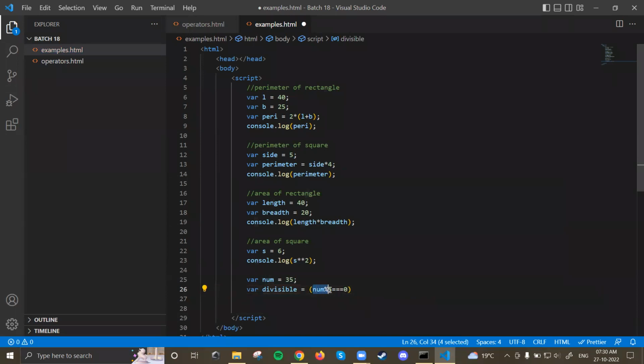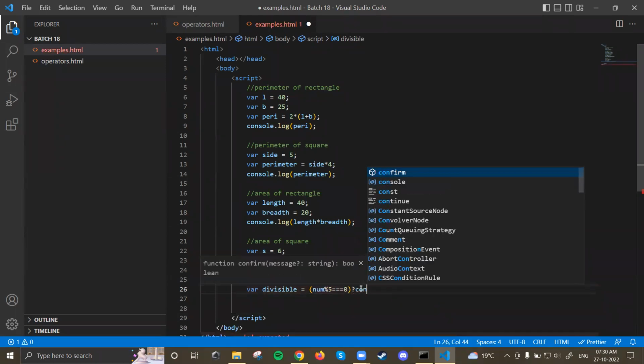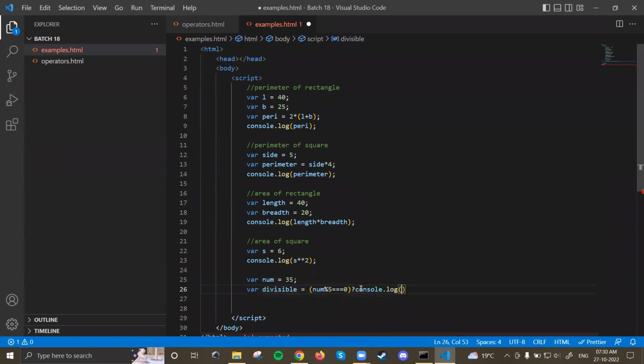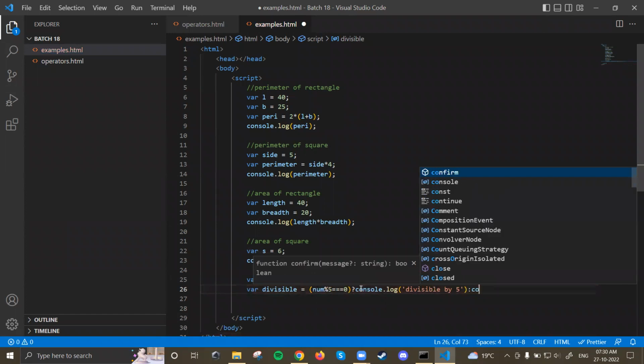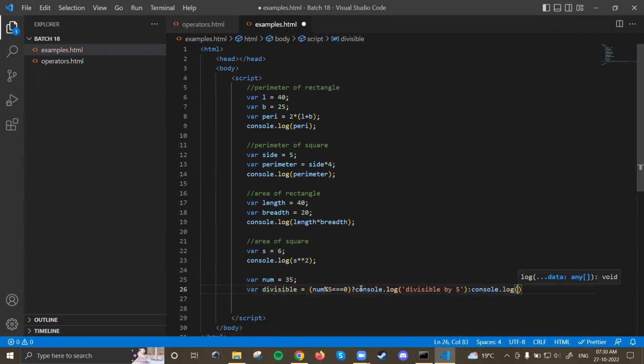If the remainder is equal to 0, and it is true, then I'll write console.log of divisible by 5. If it is not, then console.log of not divisible by 5.